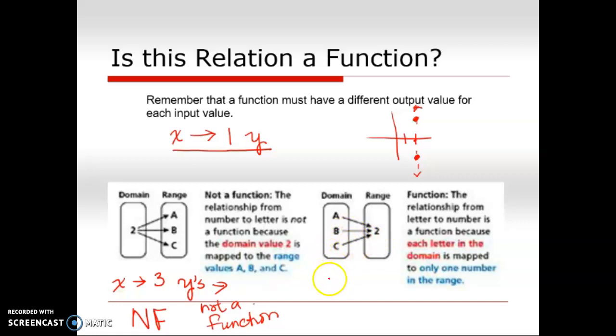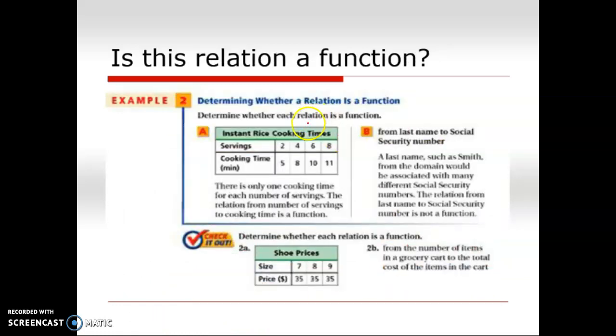That's fine. Okay? Each x here only goes to one y. This is a function. So that's what you're trying to decide on these examples.